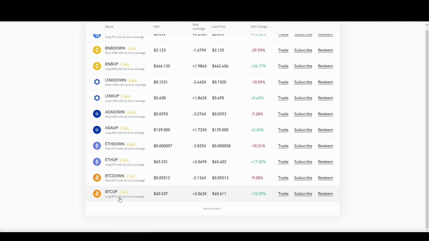Also, a very interesting feature that we need to know is that they have leverage. So let's say we look at the BTC right now, up or down, they have about 2x leverage. It means, let's say BTC up increases in value by 10%.